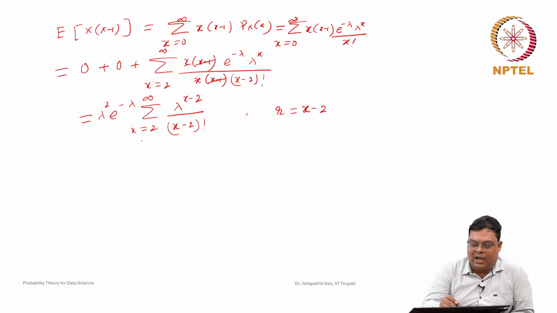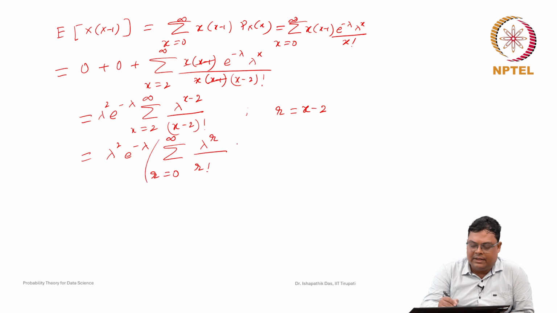The sum will then be from 0 to infinity, because the minimum limit of x is 2 and the maximum is infinity. When x is 2, r is 0. So, this is lambda square e to the power of minus lambda, the sum from r equal to 0 to infinity of lambda to the power r by r factorial.